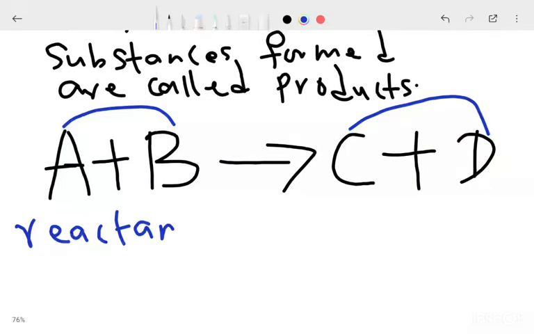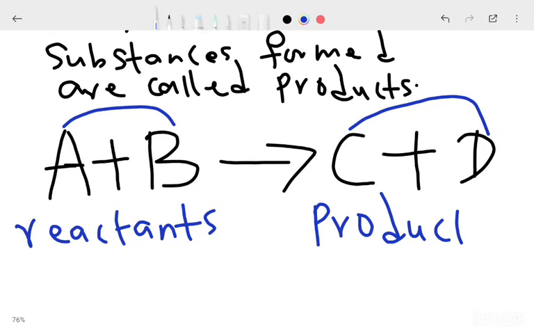The ones that are reacting are called the reactants, while the new substances that are being formed are called the products. They are on the right side. You can see that A and B are reacting. The reactants can be more than two substances.